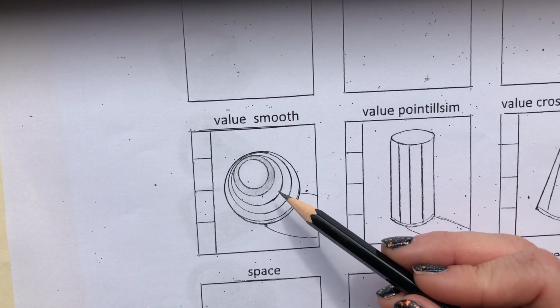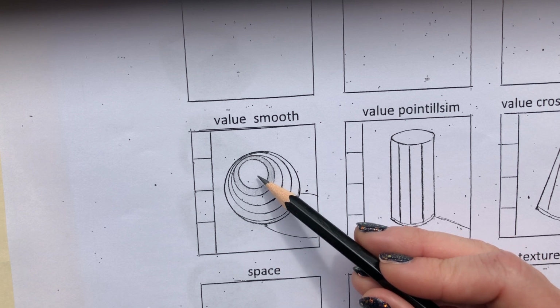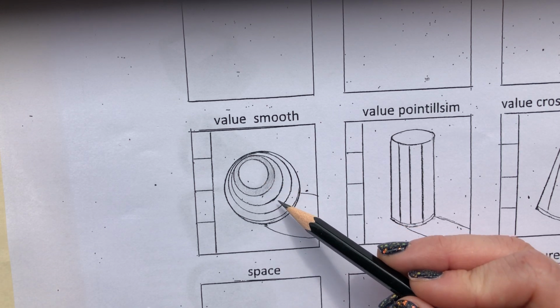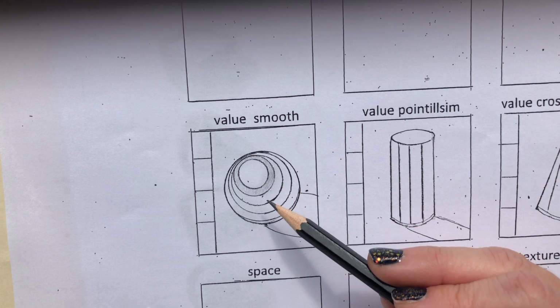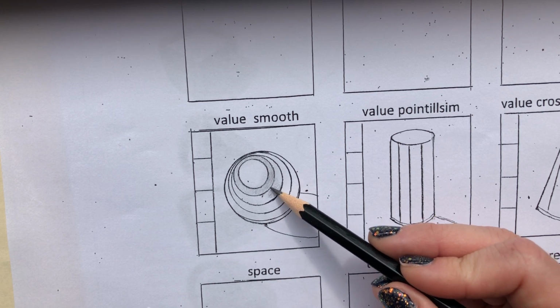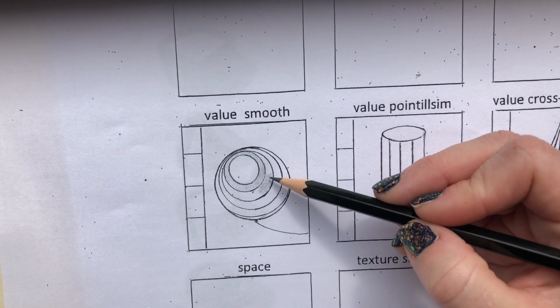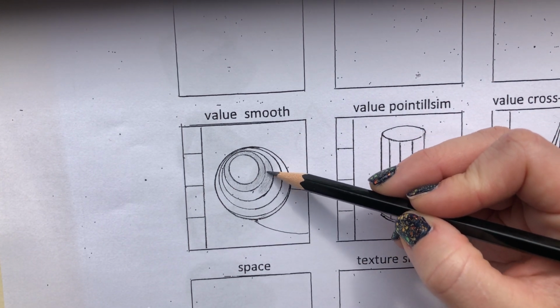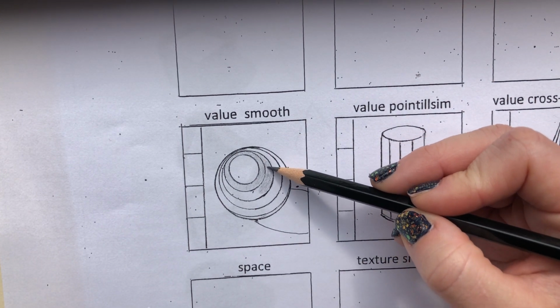Okay, so that's my light area. Like I said, we're leaving this little part white. Then I'm still going to use my 2H, and I'm still going to go light, but I'm going to start pressing down a little bit harder in just a minute.